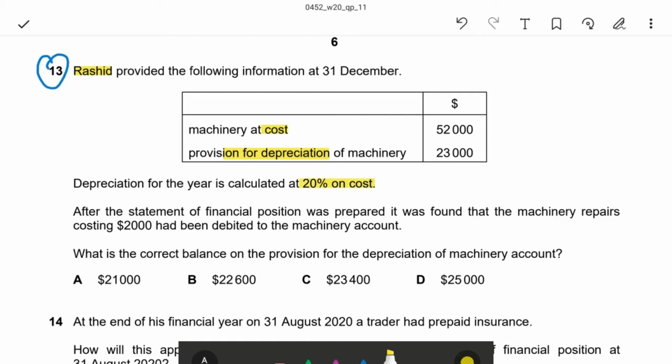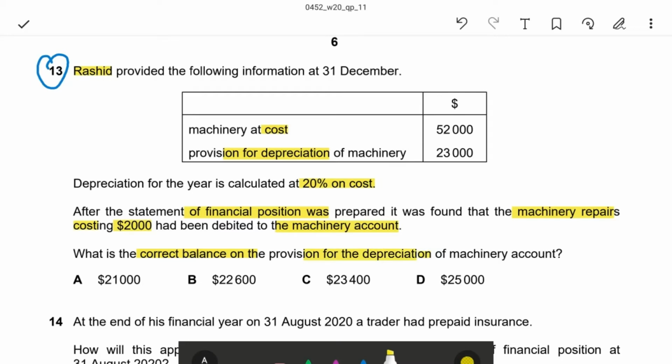After the statement of financial position was prepared, it was found that machinery repair costing $2,000 had been debited to the machinery account. Machinery account is overstated by mistake. They entered the repairing amount in the machinery account. So, what is the correct balance on the provision for depreciation?